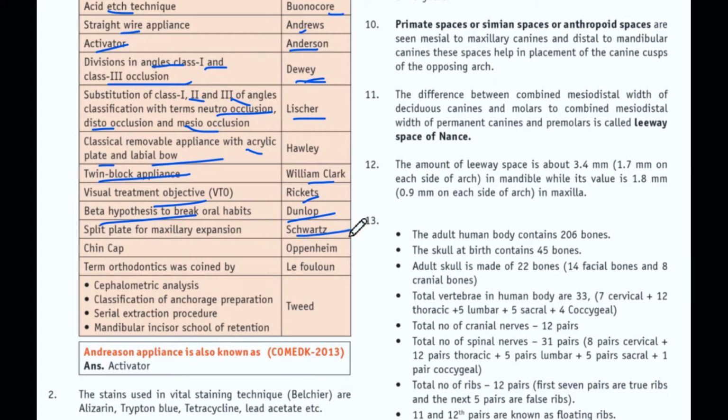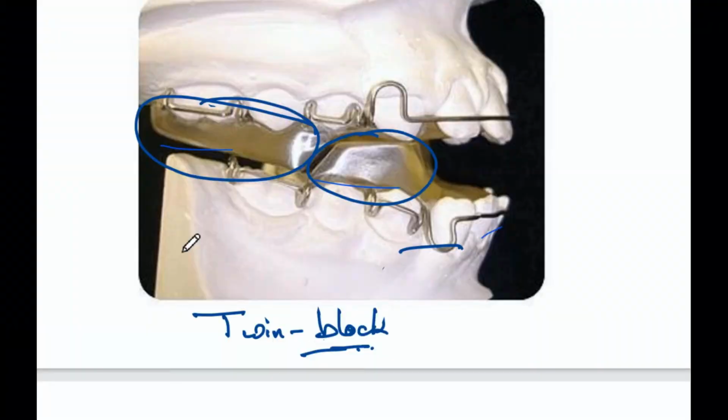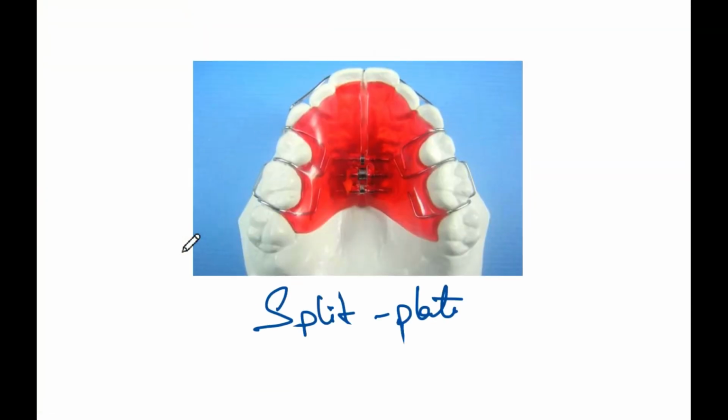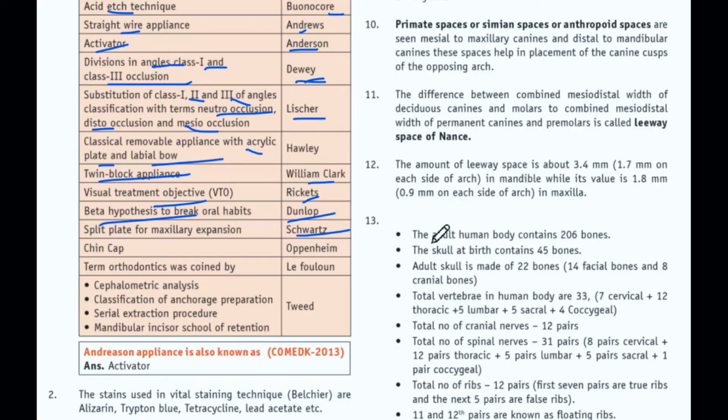Then there is Schwartz, who gave split plate for maxillary expansion. The split plate looks something like this, which is used for maxillary expansion. Then Oppenheim, who gave chin cup.